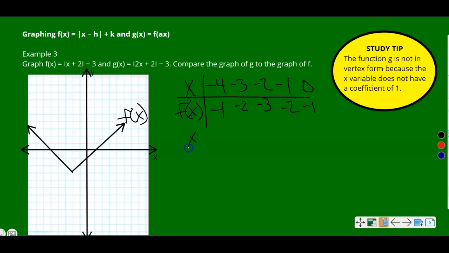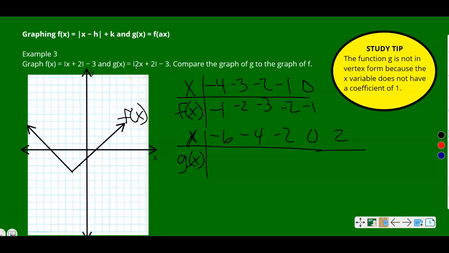So we're going to go x and g of x, and let's choose negative 6, negative 4, negative 2, 0, 2, just to get some different points here. So we're going to take negative 6.